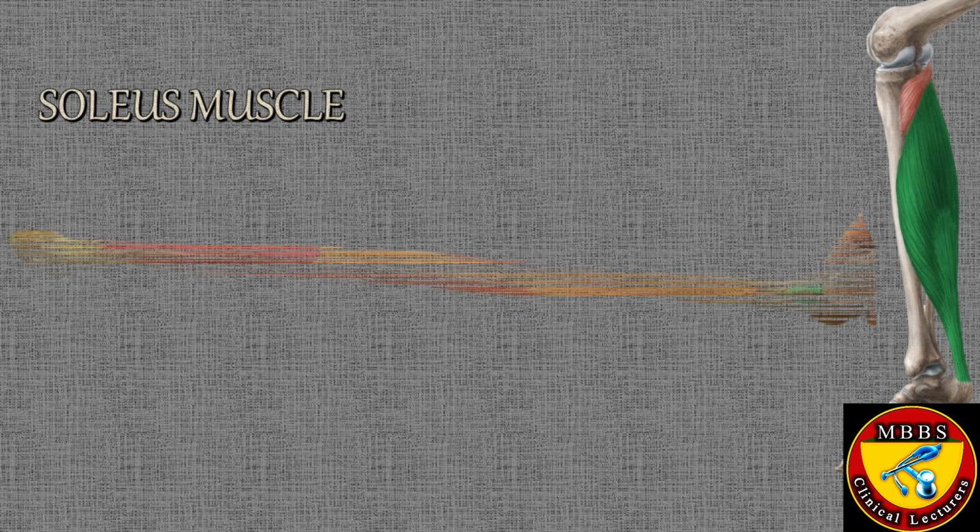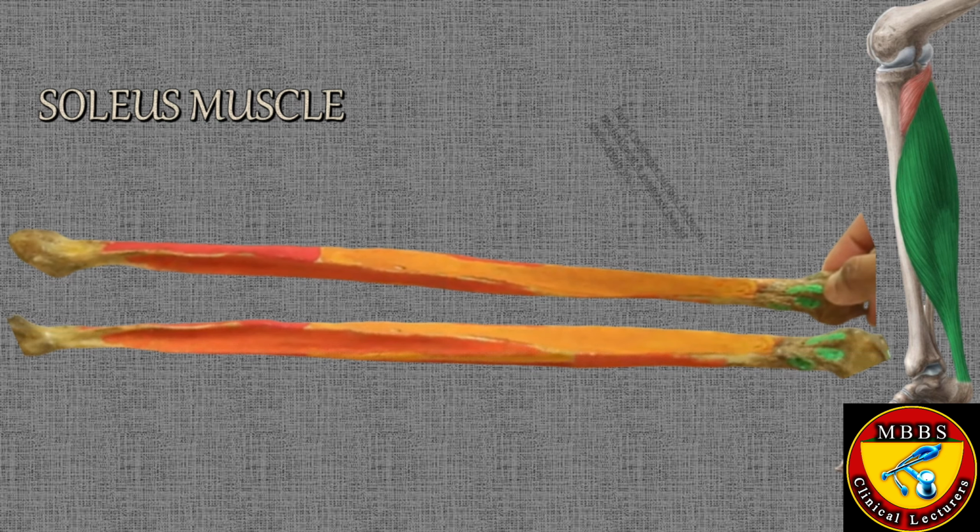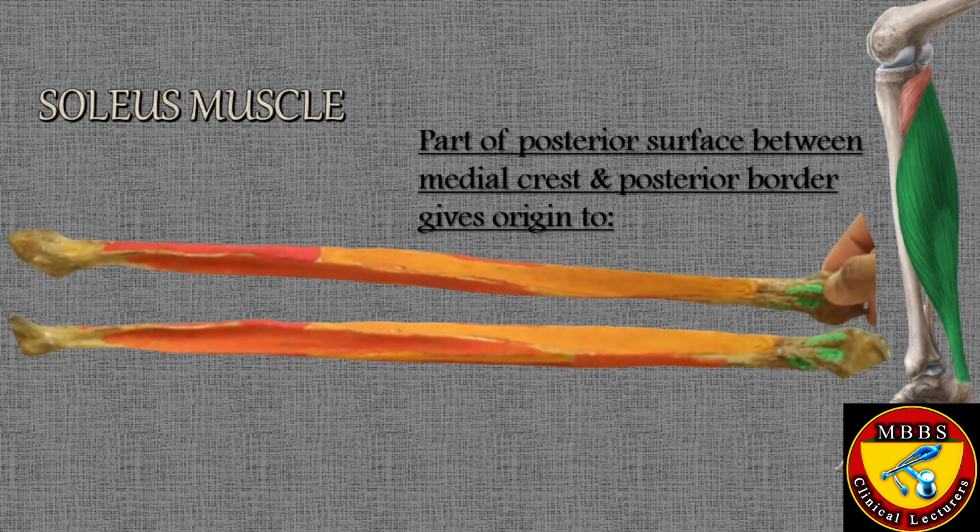Soleus muscle. The soleus muscle arises from the part of the posterior surface between the medial crest and the posterior border, right? So the medial crest and the posterior border; if you remember, this is the posterior border. How did I say this is the posterior border?